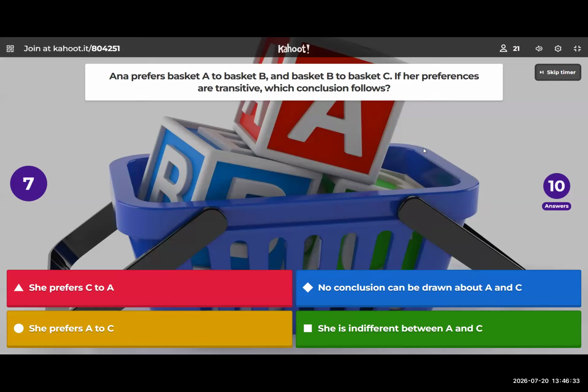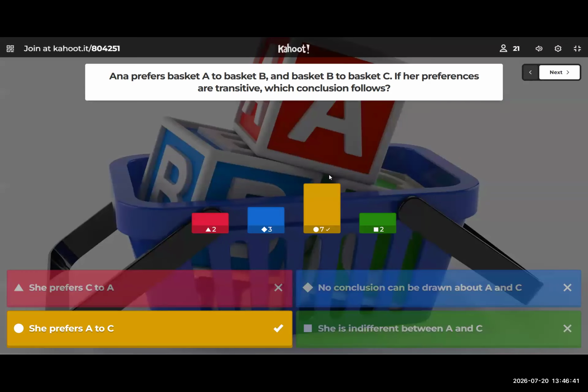Transitive. Which conclusion follows? This is easy. A to B, B to C. That means she prefers A to C, right?